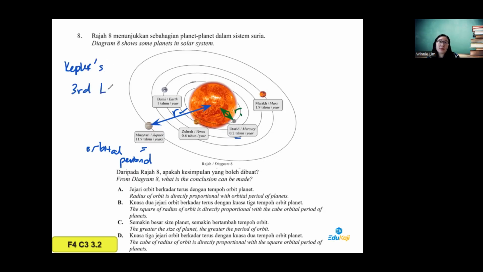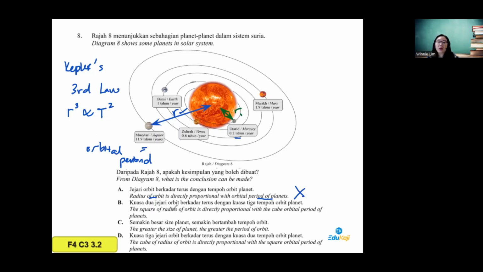So what does Kepler's third law state? They do have this relationship. It's saying that the cube of the radius is directly proportional to the square of the orbital period. So you find which statement is more accurate. Okay, the radius of orbit is directly proportional to orbital period. So they do not have the cube and square, so that's why it's not accurate.